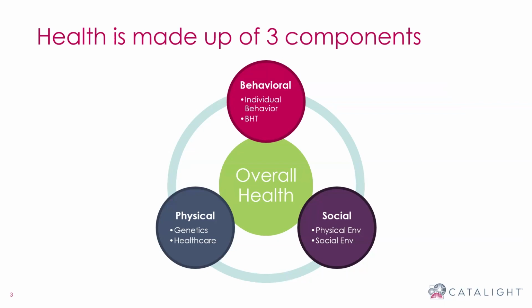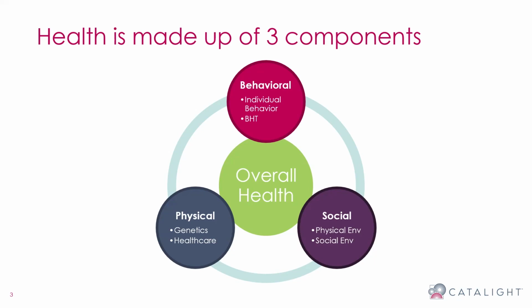Physical health is influenced by genetics, what somebody is born with, and also by healthcare, what type of access and quality of healthcare they get. The third contributor to overall health is social health, which includes the physical environment and the social environment that people live and function in. Those 3 things together will influence overall health.